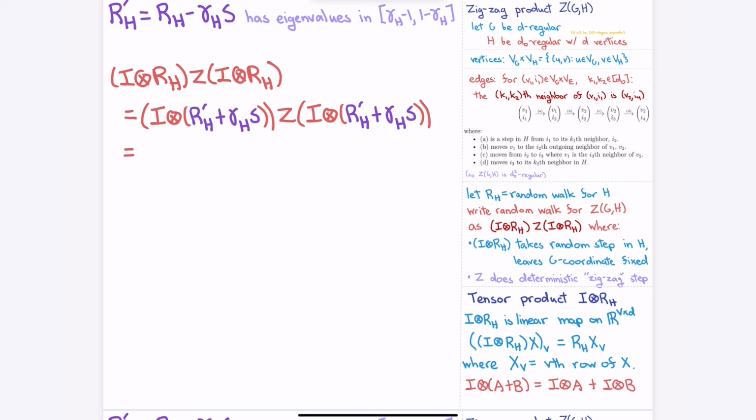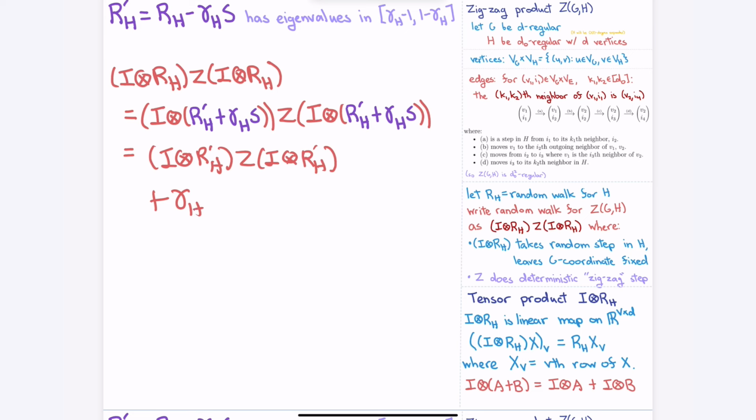And I guess there's nothing to do but to just write everything out. So you'll get I tensor R prime H, Z, I tensor R prime H, plus gamma H times I tensor S Z. All right, I think you guys can see which way I'm going, right?